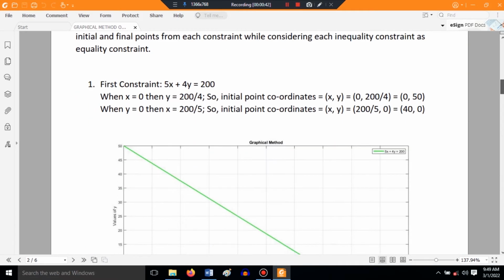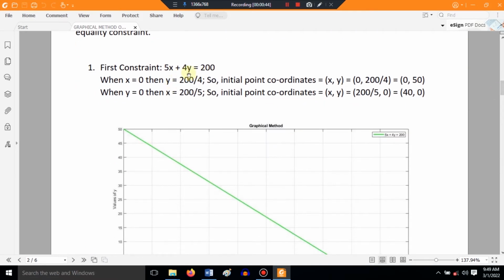So how can we find the initial and final point of this line from this equation? It's very easy. First you put x equal to 0. That means you are on the y-axis, so it will give you a point on the y-axis. In this equation, when you put x equals 0, you will get the value of y. So here this is your point (0, 50) on the y-axis.